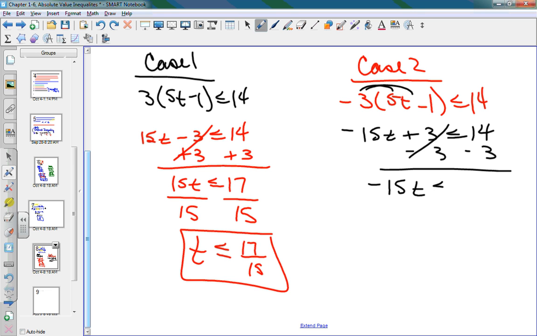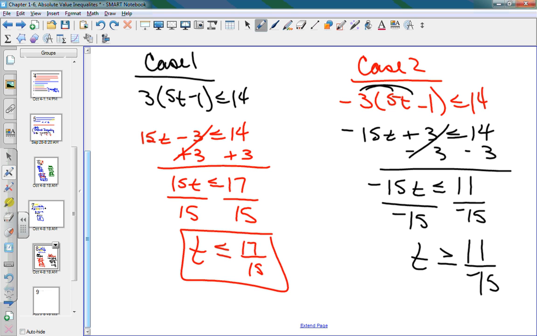Negative 15t is less than or equal to 11. Divide by negative 15, and what happens? Flip the sign to greater than or equal to. Do we all understand that right now?